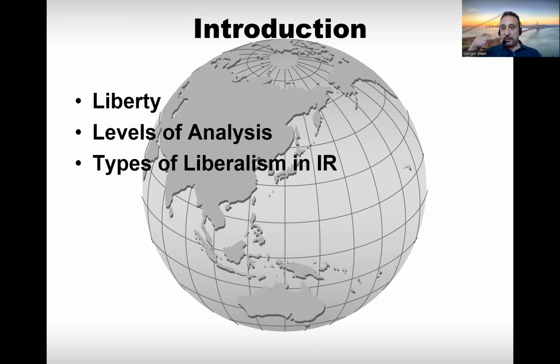We will then examine different types of liberalism within international relations. There is a distinction here between liberalism as a theory of domestic politics and liberalism as a theory of international relations. As a theory of domestic politics, liberalism seeks to maximize liberty within the unit of the state. Within international relations, it encounters an anarchic structure or system.